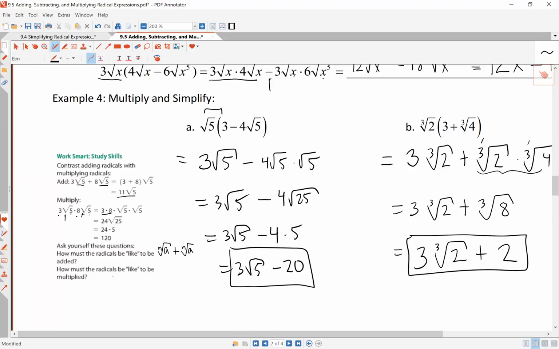How must the radicals be like to be multiplied? You just need the same index. So square root of 2 plus the square root of 2 is 2 square root of 2. Square root of 2 times the square root of 3 is the square root of 6.